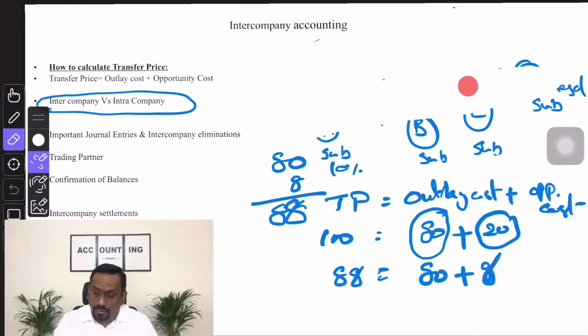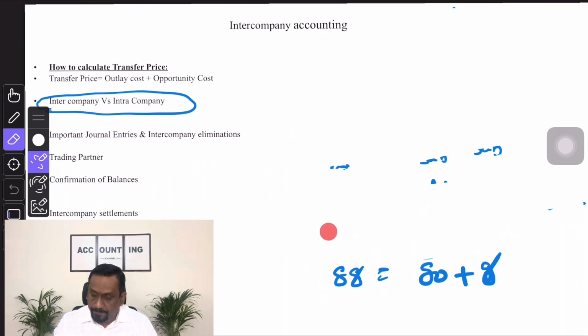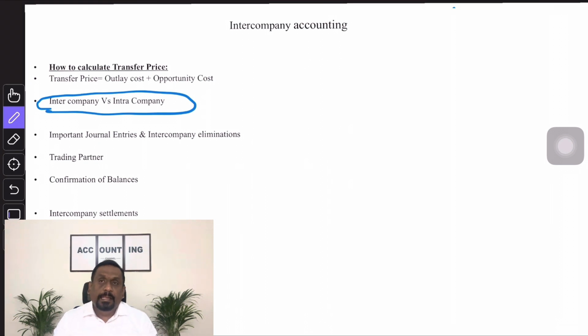Let us move on to some important journal entries. Let us say I'll divide this into parent company and subsidiary company.